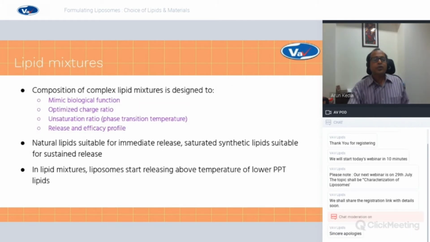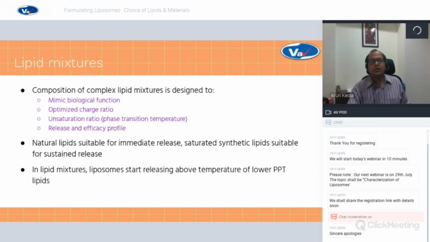So just to continue, the composition of complex lipid mixtures is basically designed to mimic the biological function, optimize the charge ratio, look at the unsaturation, which has an impact on the phase transition, and finally all of these will have an impact on the release and efficacy profile. In general, natural lipids are more suitable for immediate release, and saturated synthetic lipids, homogeneous, are suitable for sustained release.